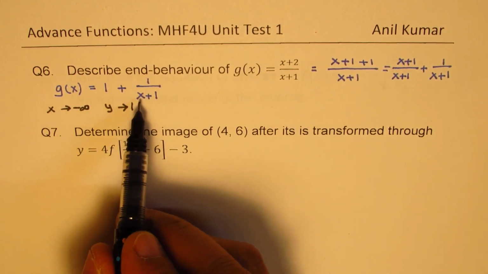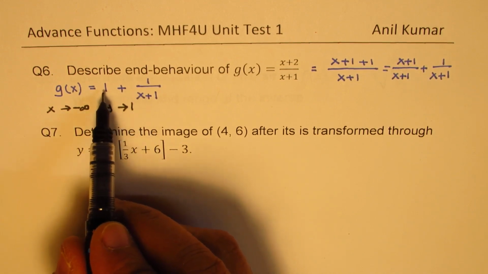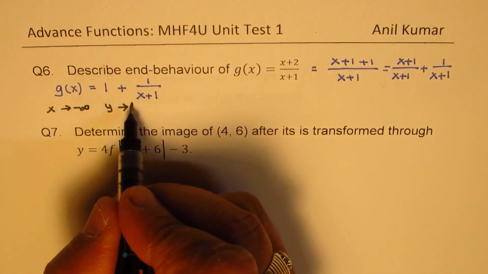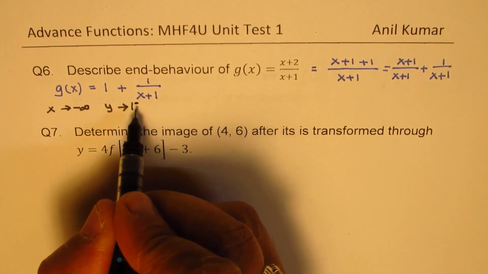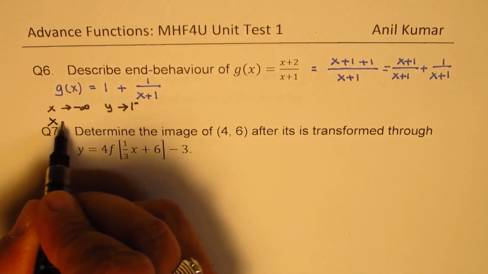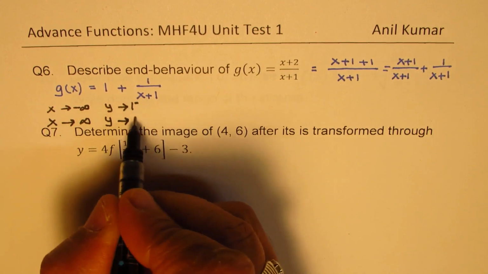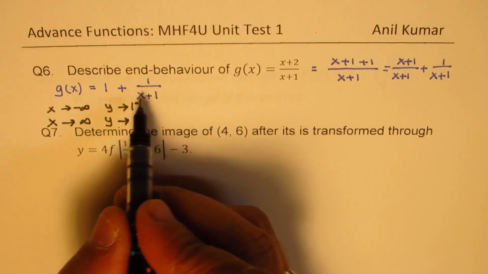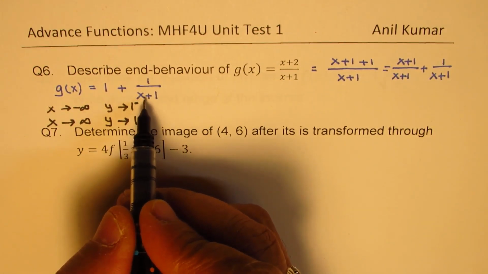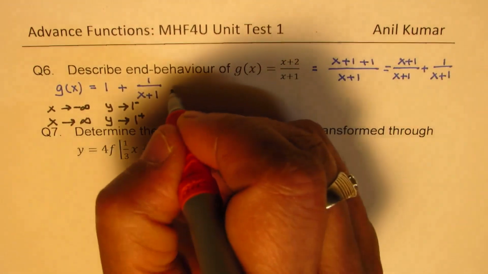If it is a very large negative value, we are taking away something from 1, so it approaches 1 from the negative side. So that could be a better answer. Now when x approaches positive infinity, y again approaches 1, but this time we are adding something, maybe very small, so it is approaching 1 from the positive side. So this is one way of answering it, right?